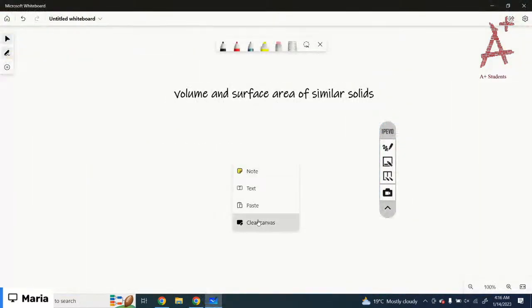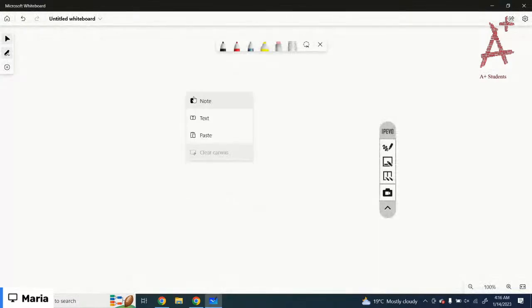Okay, let me write down the lesson name. And volume change in scale.